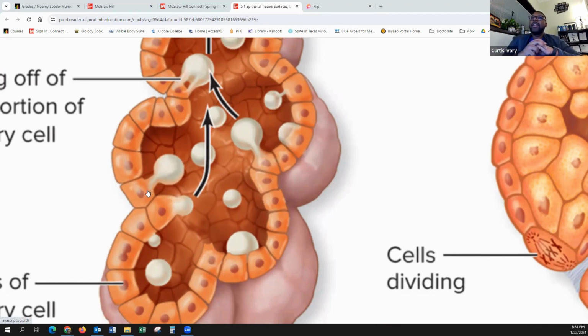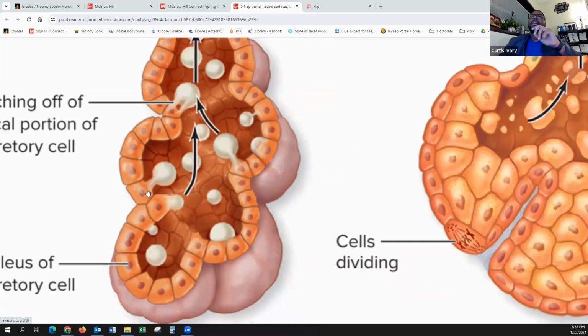So let's say we took a balloon and started pinching it, and then we were able to pinch off a piece of that balloon. So here we actually are seeing the cytoplasm being pinched off.